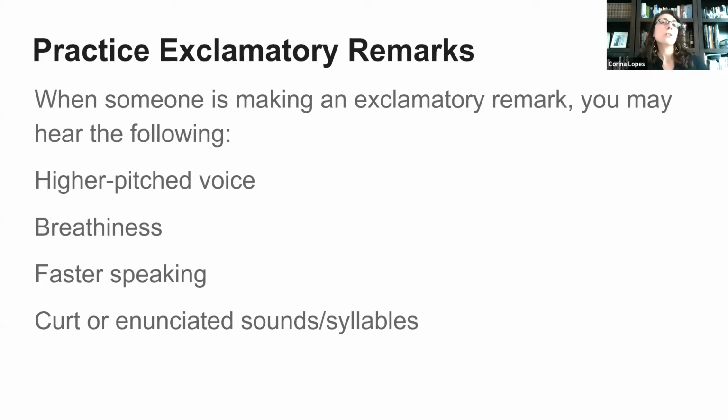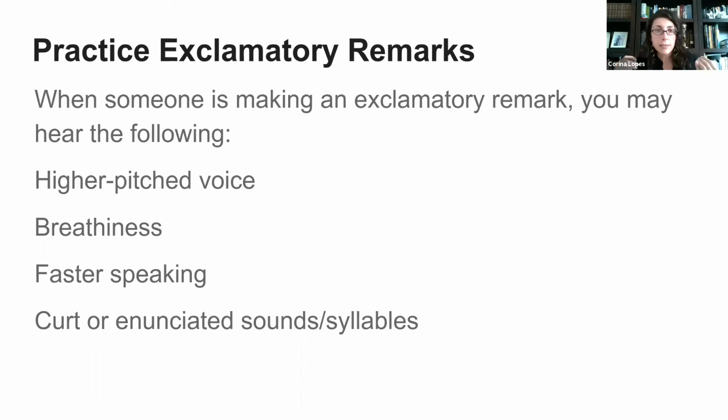You can have curt or enunciated sounds and syllables. This often happens more on the urgent and danger level of exclamation remarks. So, "Stop, stay right there, police!" There is more emphasis in the voice and every word is enunciated a lot more clearly.